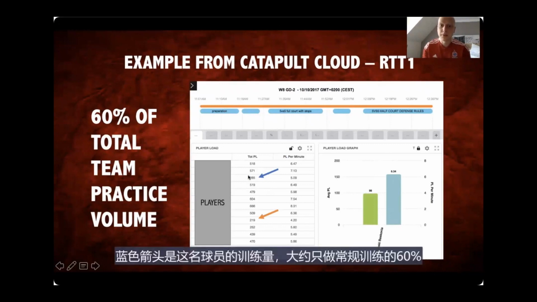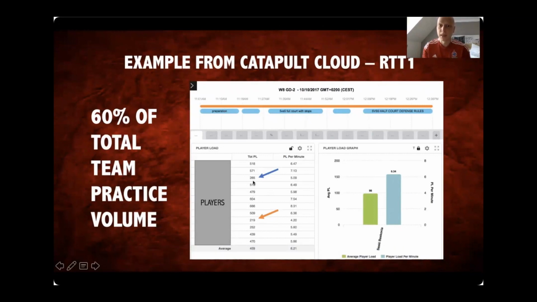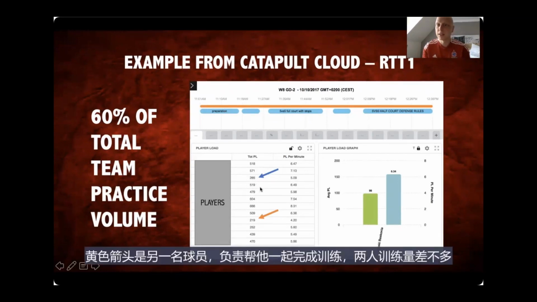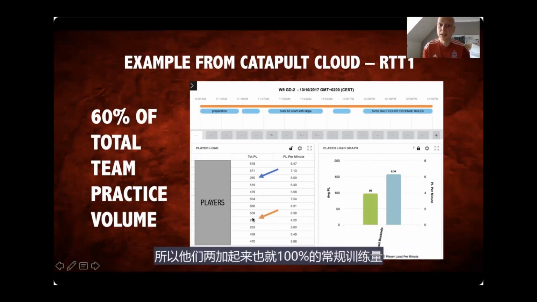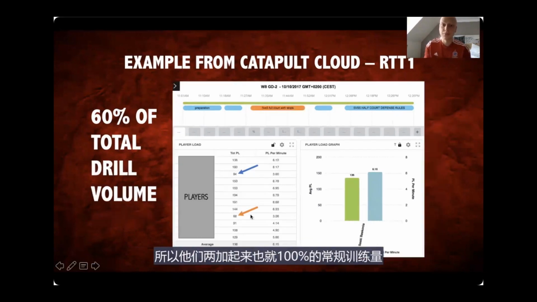This is the blue guy who we want to do 60% of the training session. You can see that the training session on average is 459, and this player did only 265. His substitution, a younger player on the team who helped him to control the loads, was the orange guy. So basically, these two guys together accumulated 100% of training volume.